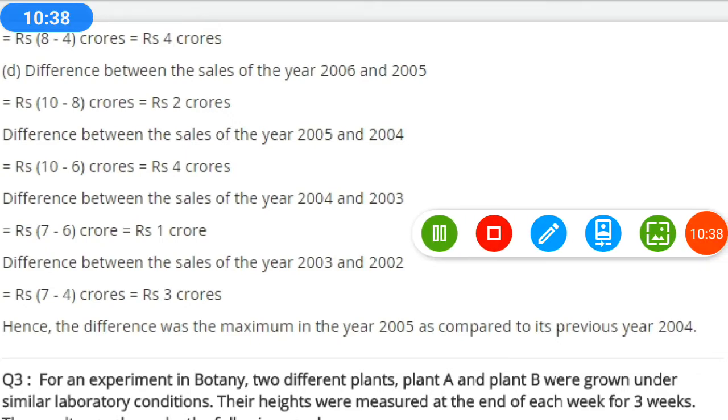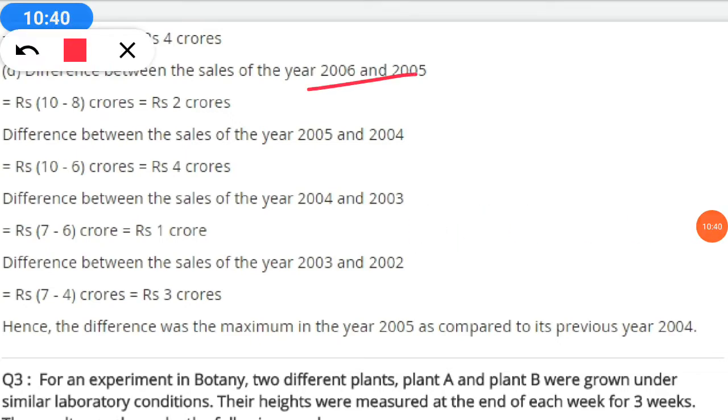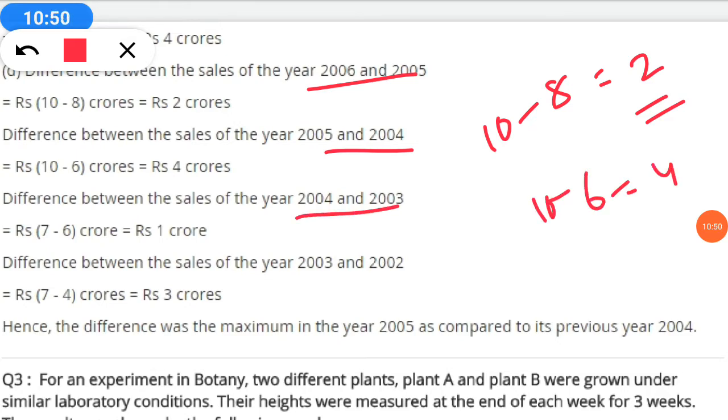Minus the sales in the year 2005 and 2006. So that will be 10 minus 8 crores, that will be 2 crores. Then the year 2005 and 7, so 10 minus 6, it will be 4 crores, then 7 minus 6, that will be 1 crore, and the year 2002 to 2003, that will be 7 minus 4, it will be 3 crores, like that it is.